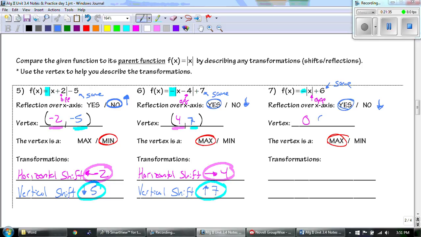This is the same. So that is the point. Our vertex would be 0, 6. Well, if my vertex is 0, 6, there is no horizontal shift. And then our vertical shift would be up 6. And our graph would go up 6 because of the 6 right there.